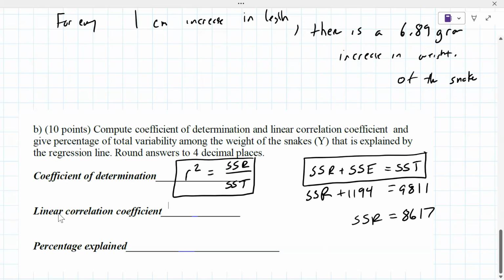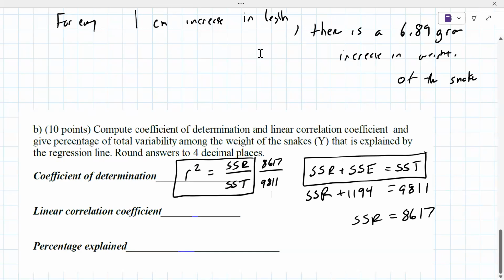Chapter 4. SSR. Okay. So you have SSR. Your SSR is 8617 over SST, which is 9811.